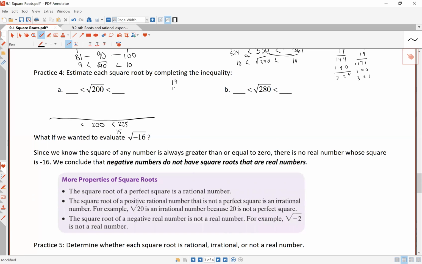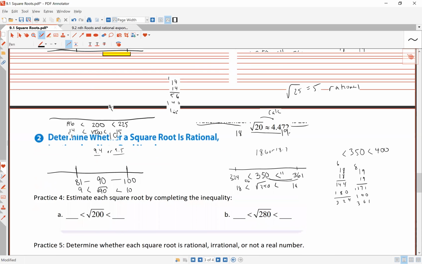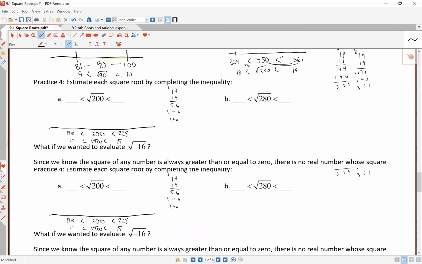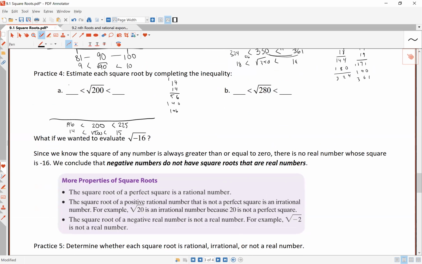And then the other side is 14 times 14, or 196. So square root of 200 lies between 14 and 15. And 196 is much closer to 200 than 225 is. So we would say it's about 14.1, 14.2.